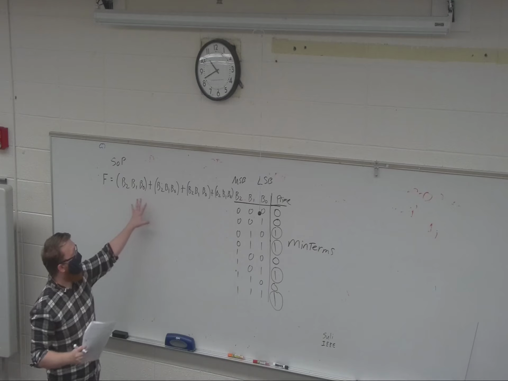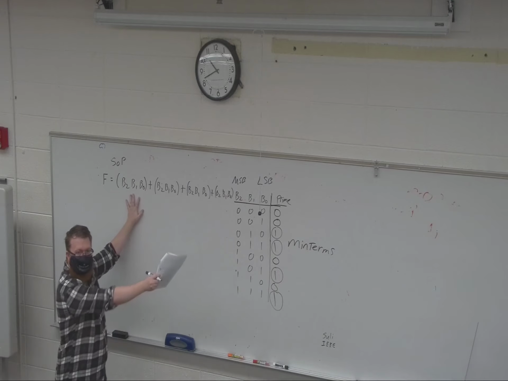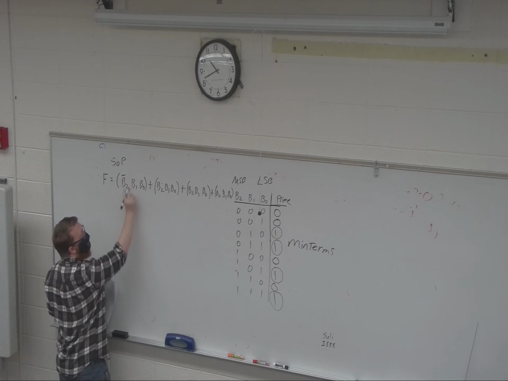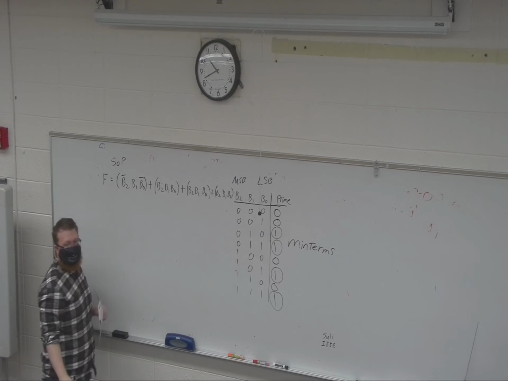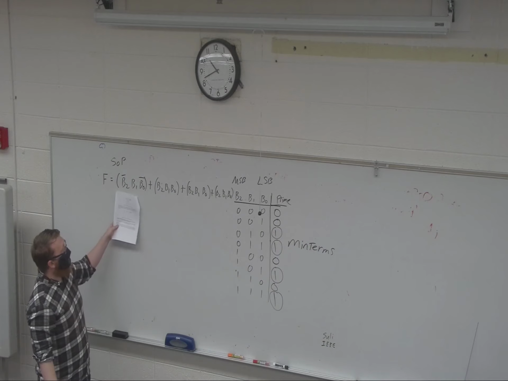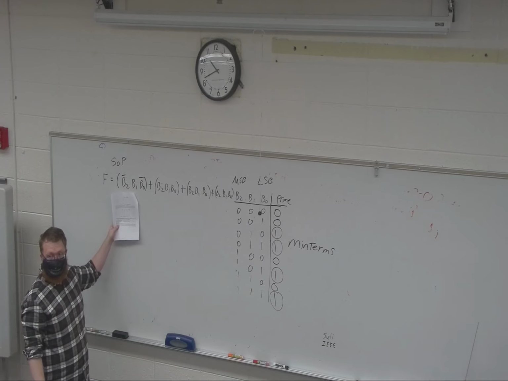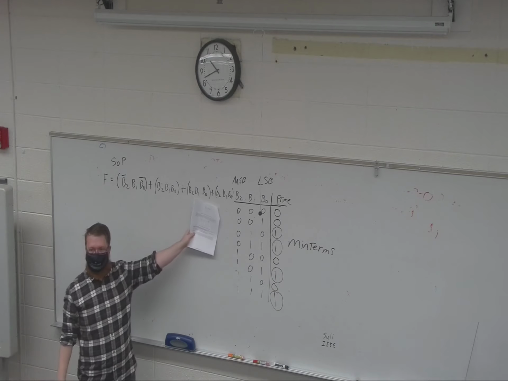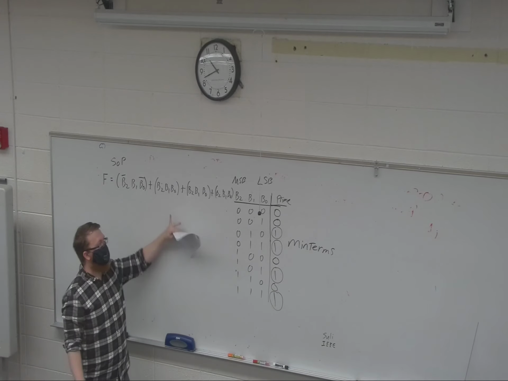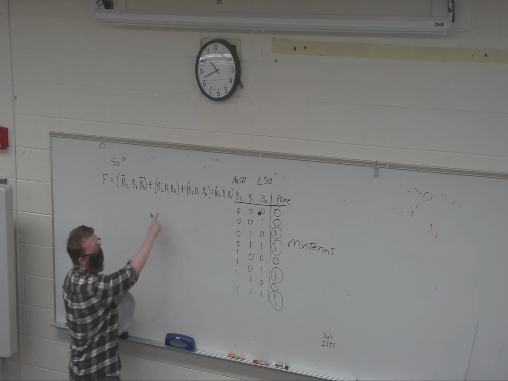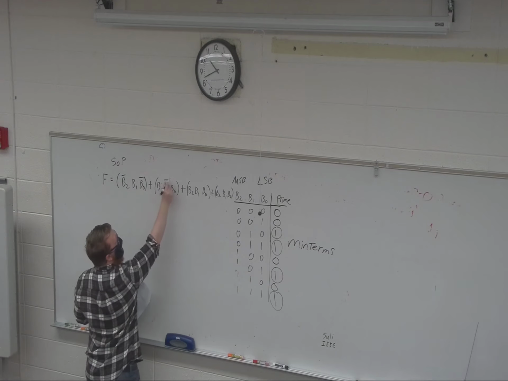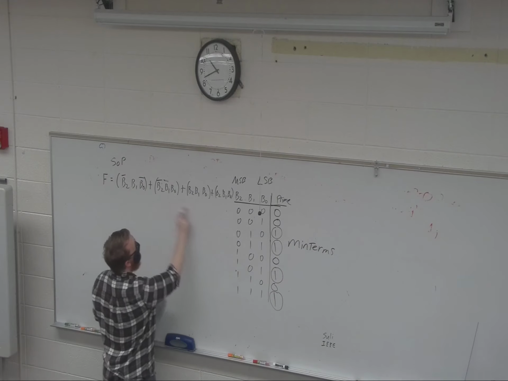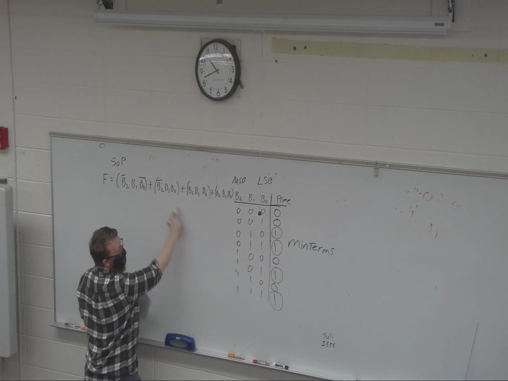For minterms, each of them has the same bits in them. So the first minterm, as I said, is not B2, B1, not B0. So if that is true, F is 1. And all of those others are false. So the next minterm is not B2, but B1 and B0.